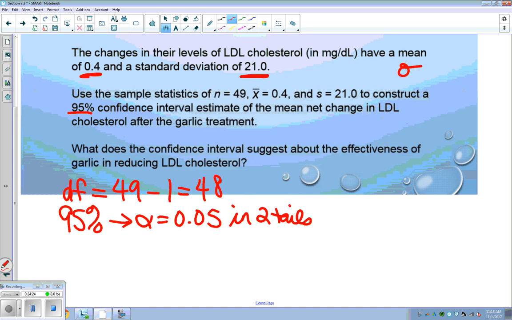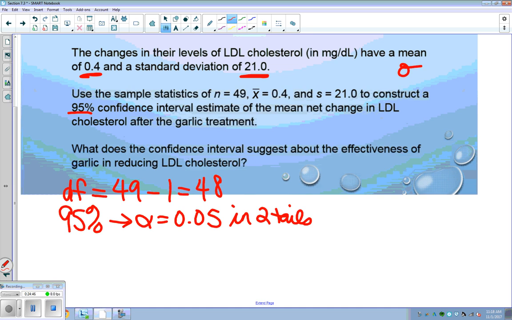So I'm going to look at my chart. When I look down my degrees of freedom, I have a little problem here, don't I? Because I'm looking for the degree of freedom of 48.